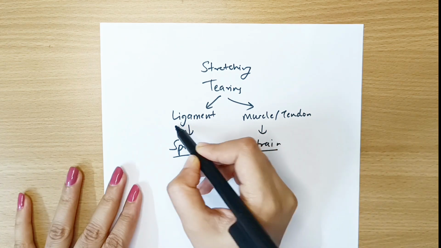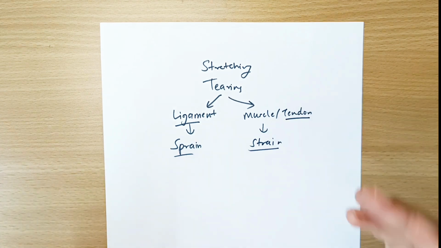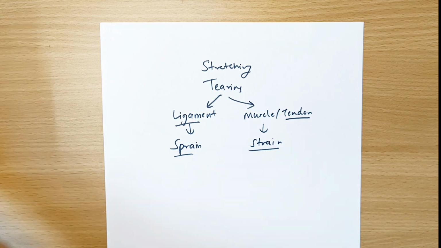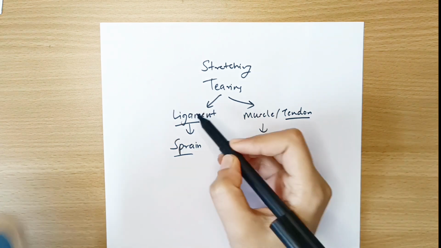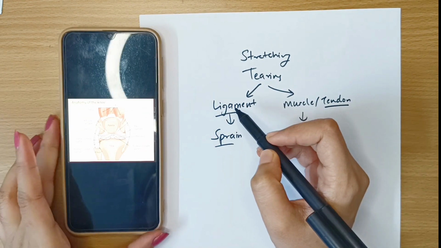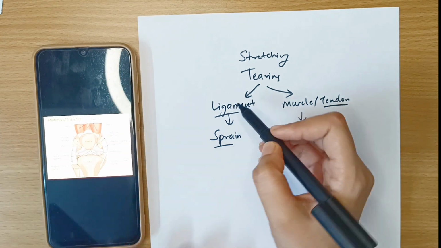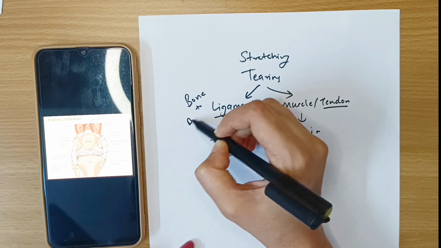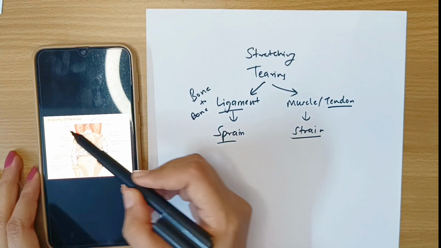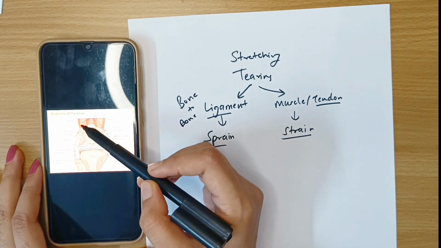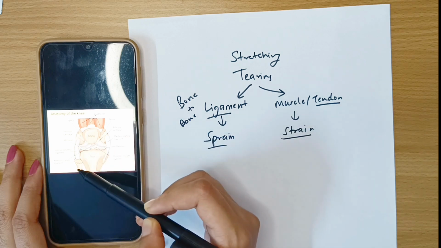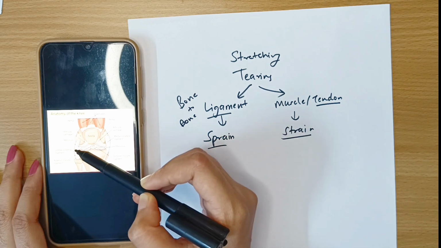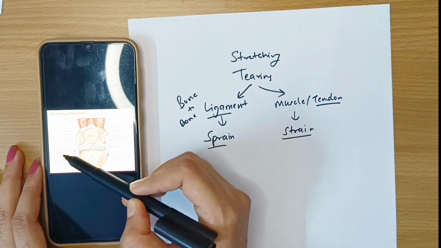So what is a ligament and what is a tendon? We already know that, but as we've decided to go over the basics as well, let's discuss that. A ligament is basically the one that connects a bone to another bone, right? For example, here we have this knee joint, and we see that this is the femur and this is the fibula, and the ligament that joins them is called the lateral collateral ligament.